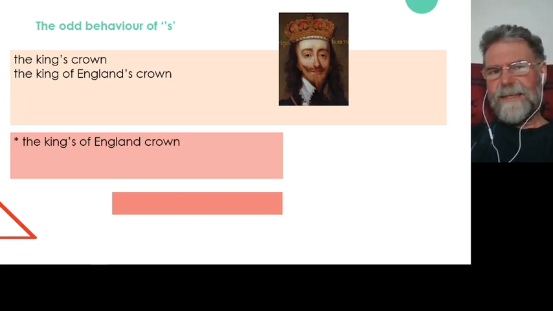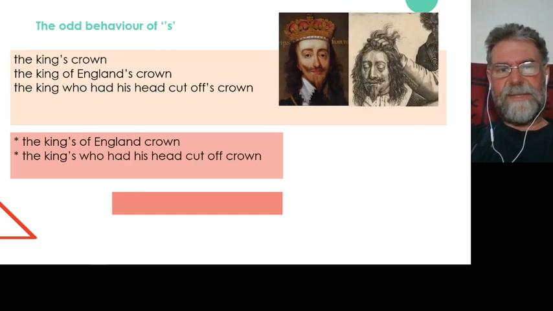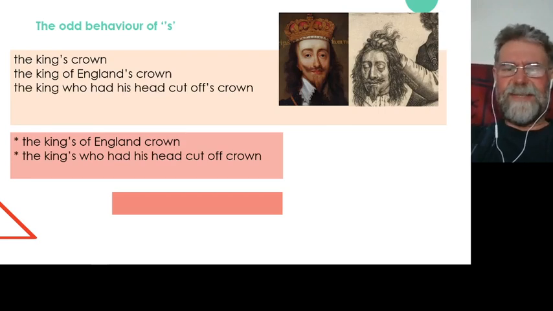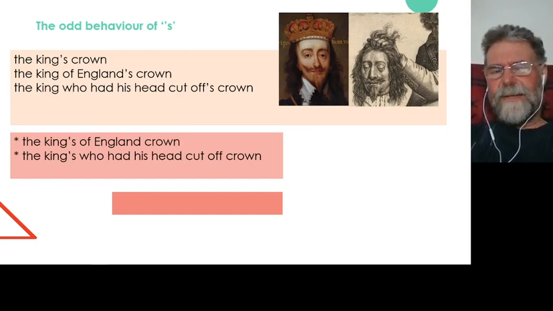And in fact, this gets even worse if we have different kinds of noun phrases or determiner phrases in the possessor position. For example, take the king who had his head cut off. Okay, and we put that as the possessor of the crown, then we get the king who had his head cut off's crown. And this S element actually sticks itself onto a preposition, not onto a noun at all.